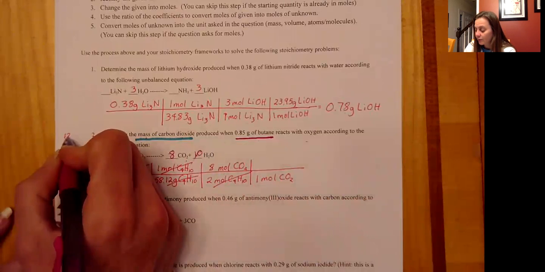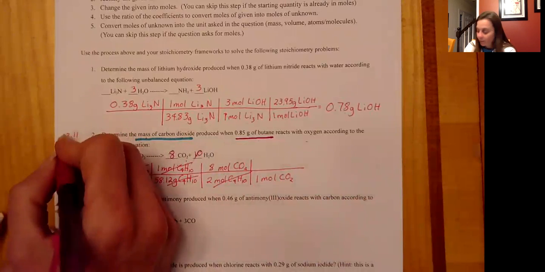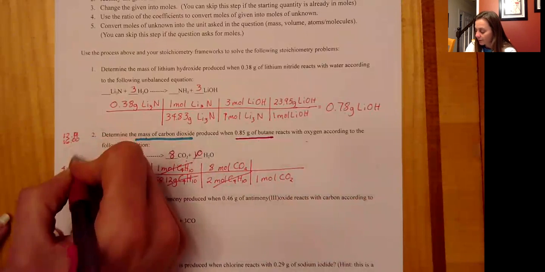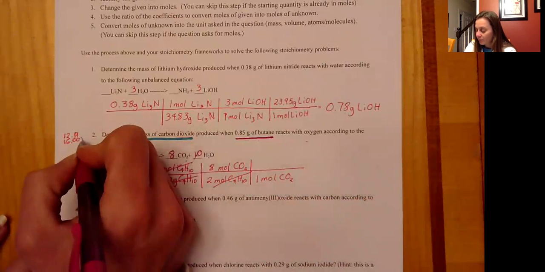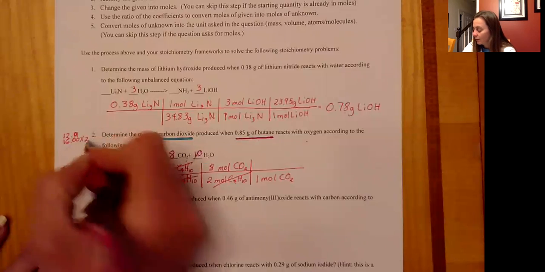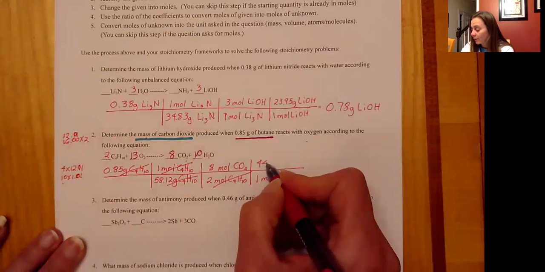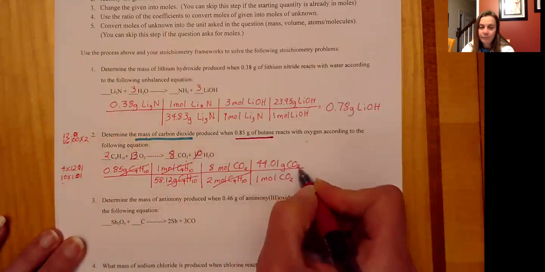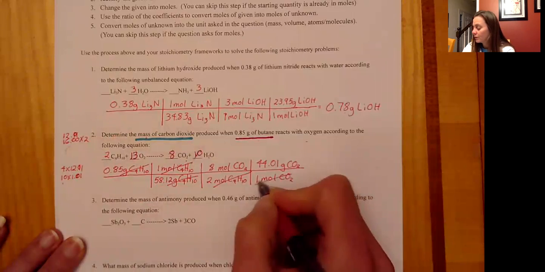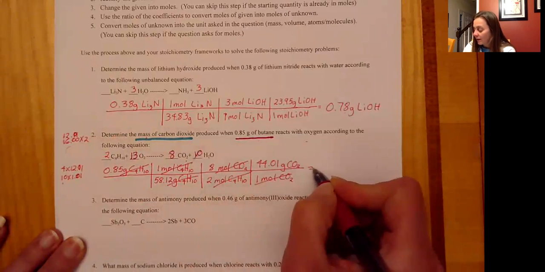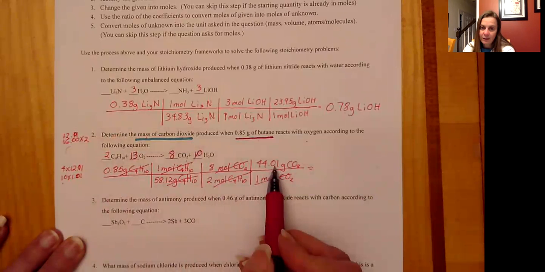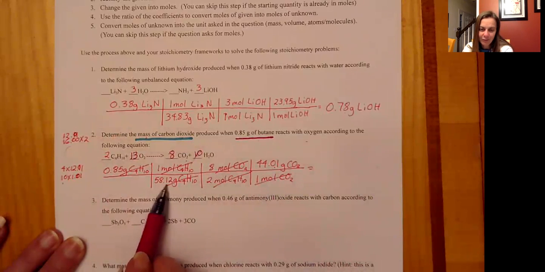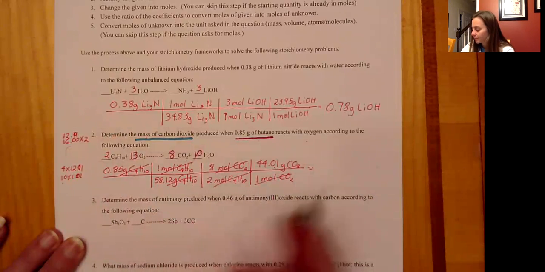So again, 12.01 plus 16.00 times 2, and we have 44.01 grams of CO2, and we can cross out moles, and we have 0.85 times 8 times 44.01 divided by parentheses 58.12 times 2.